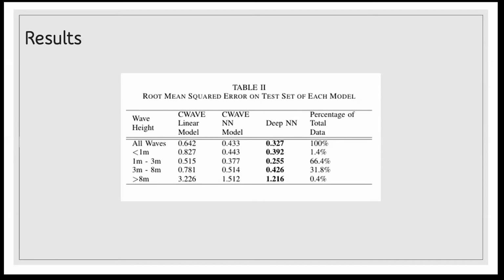And we can see that just moving from linear models to a neural network model, there's already an immense improvement. But then we can also see that in incorporating the image data, we are able to improve even further.